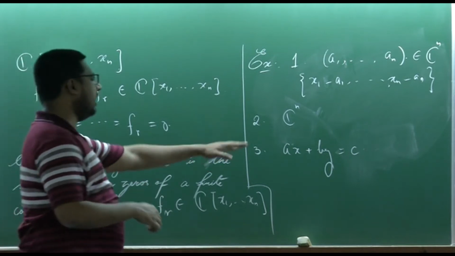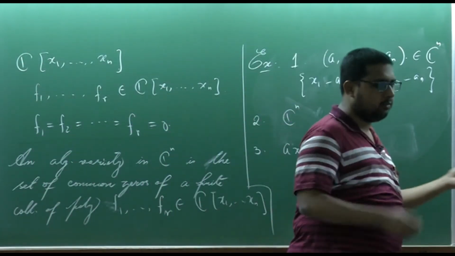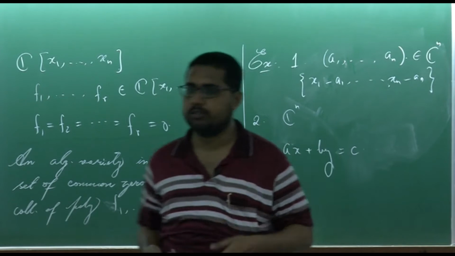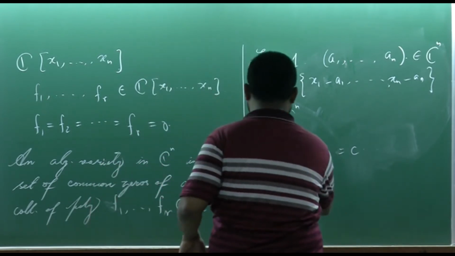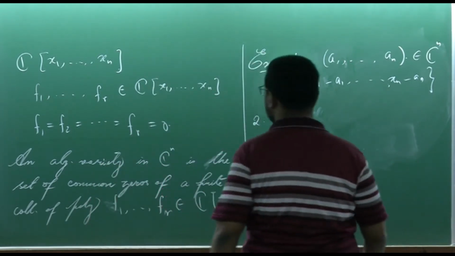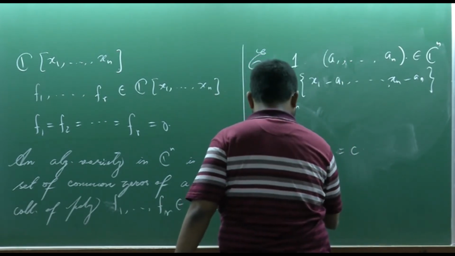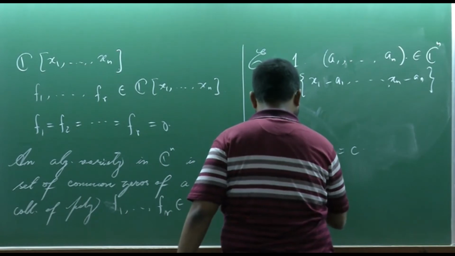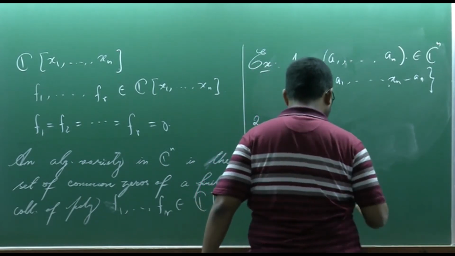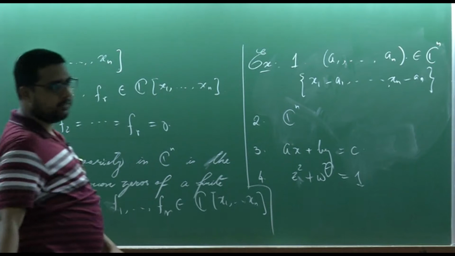Therefore any line in C2, the complex 2-dimensional space, is also a variety. Then of course we have other such things, for example z squared plus omega squared equals 1, which is also trivially a variety.